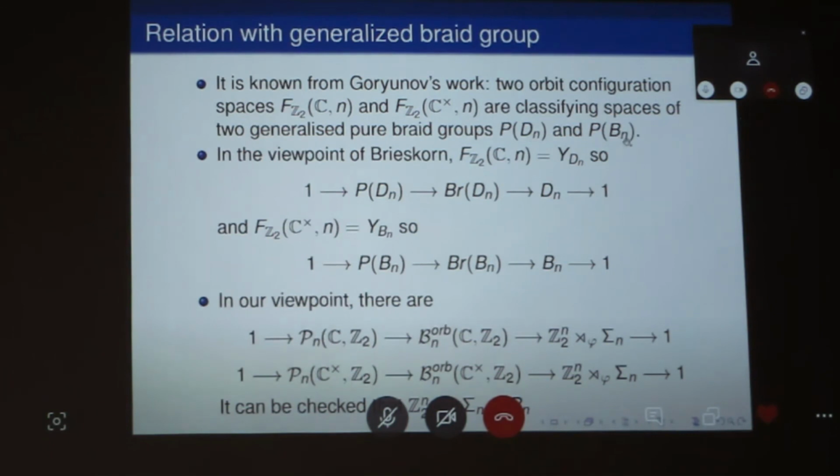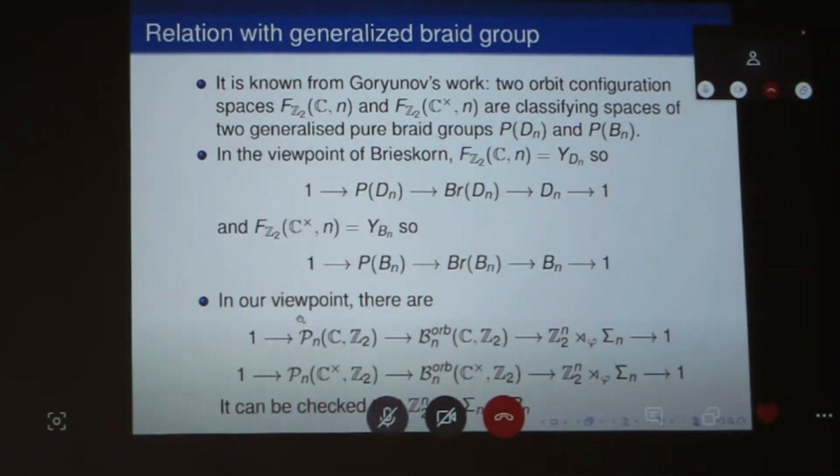For the two cases, we know that the two orbit configuration spaces are classifying spaces of the two generalized pure braid groups. So from the viewpoint of the braid group, we have the corresponding two short exact sequences.